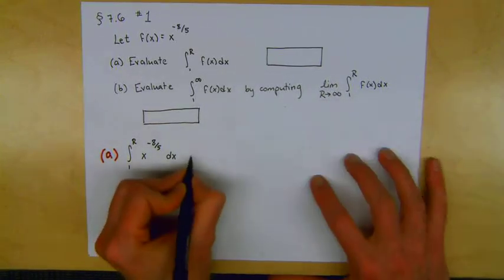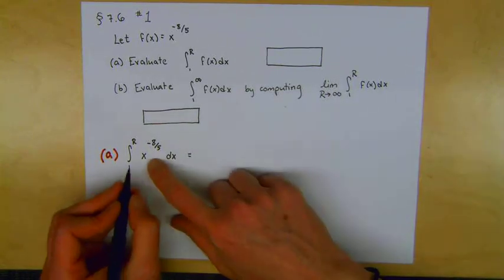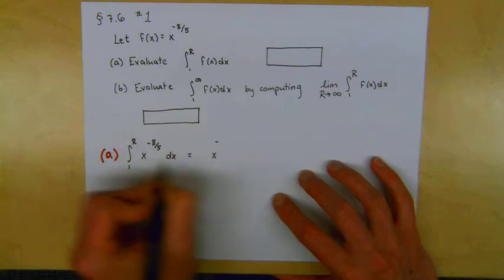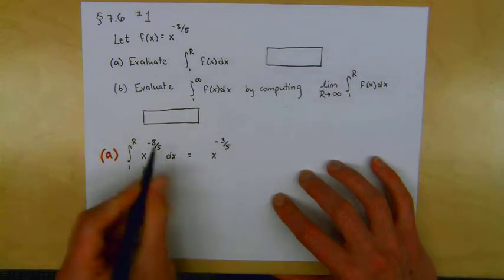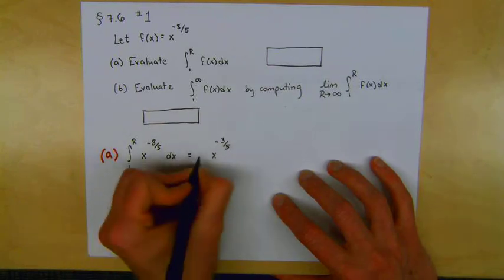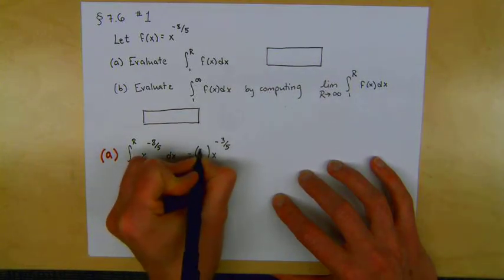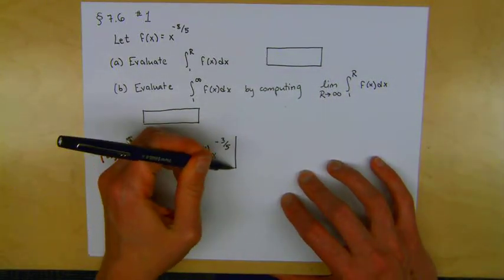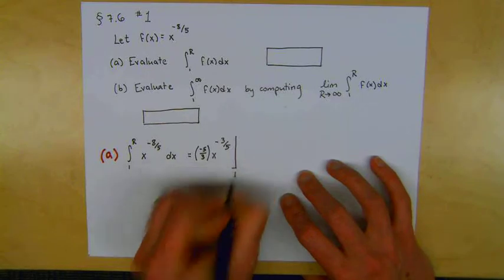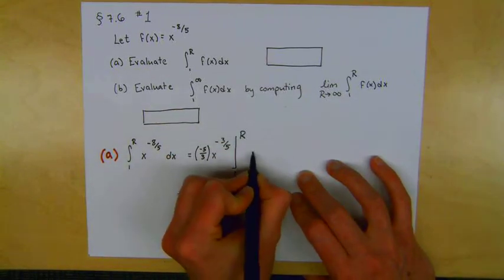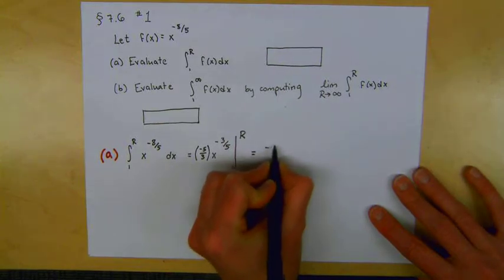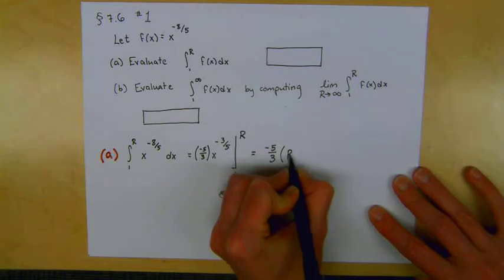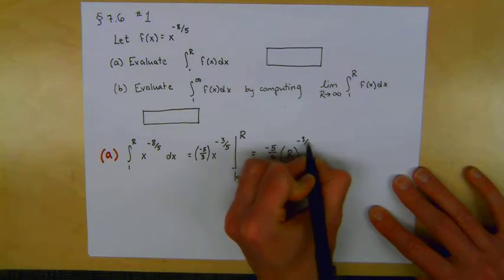dx. So to evaluate this integral, I can use power rule, that I add 1 to the numerator, so that becomes negative 3/5, because I'm adding 5/5 to the numerator, and then that'll be multiplied by negative 5/3, and we evaluate this from x equals 1 to x equals r. So this ends up being negative 5/3 of r to the negative 3/5.